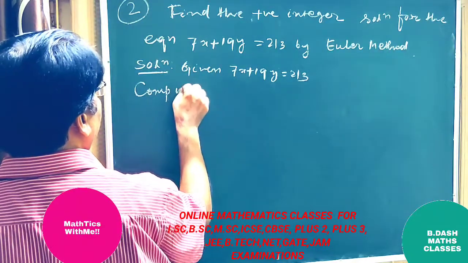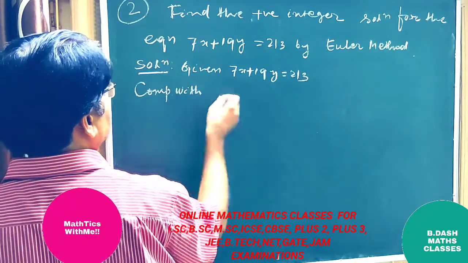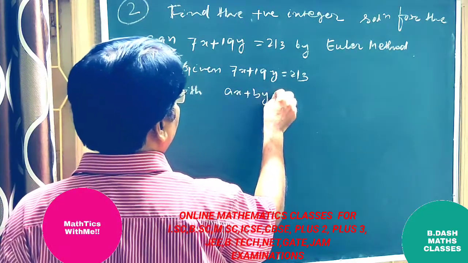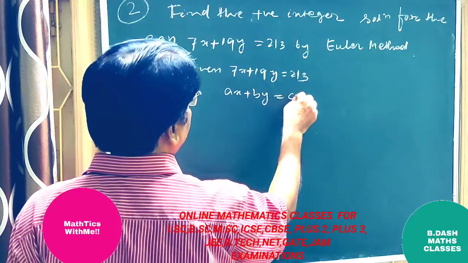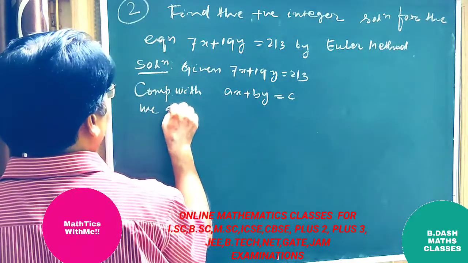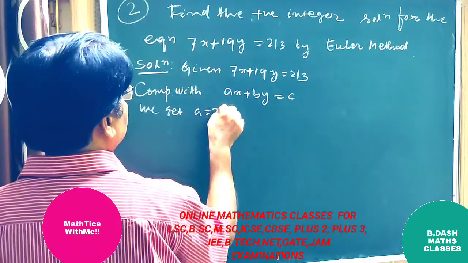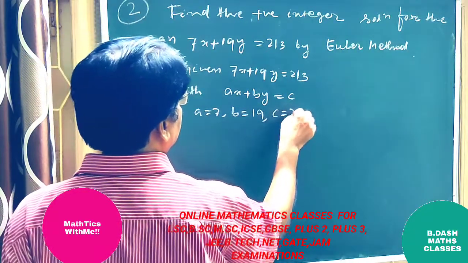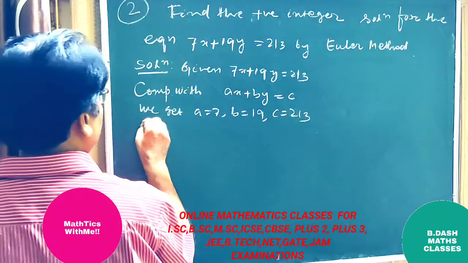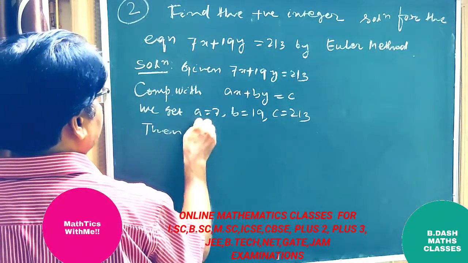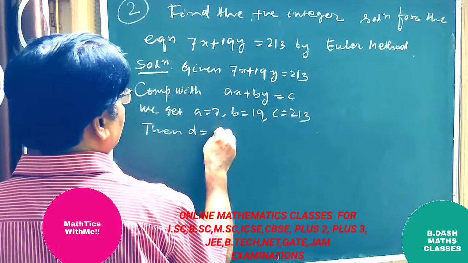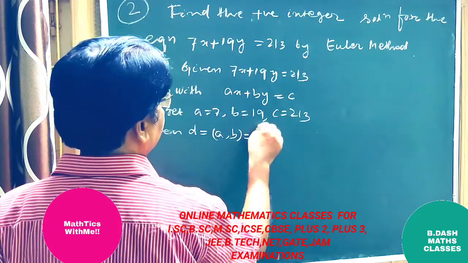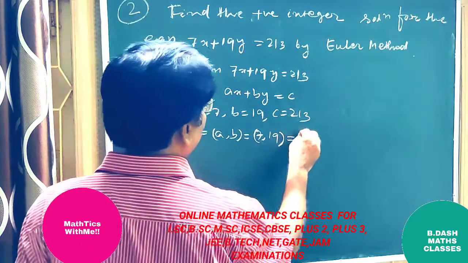Now comparing with ax plus by is equal to c, we get a equals 7, b is equal to 19, c is equal to 213. Then the greatest common divisor d of a, b is equal to gcd of 7 and 19, which is 1.